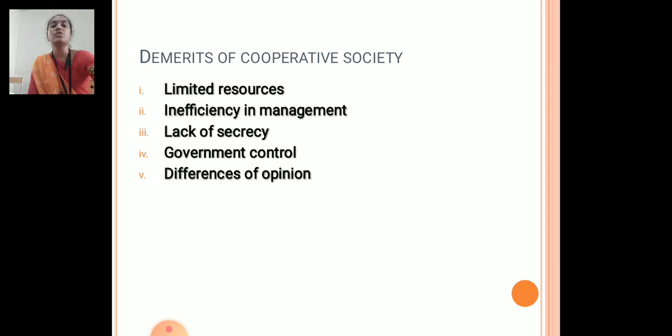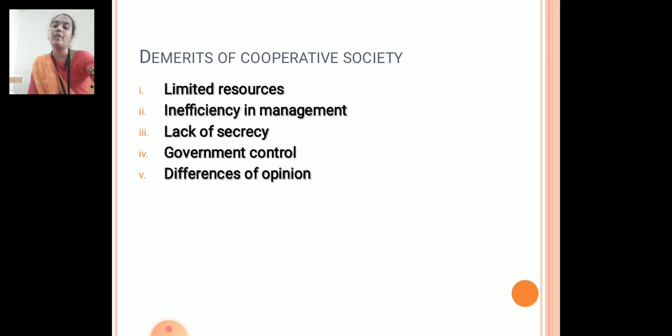Lastly, differences of opinion. Internal quarrels arising as a result of contrary viewpoints may lead to difficulties in decision making. When there is a rule that at least 10 members should be members of this cooperative society, their personal interests differ, their thinking differs, so that starts dominating the welfare motive of the cooperative society.